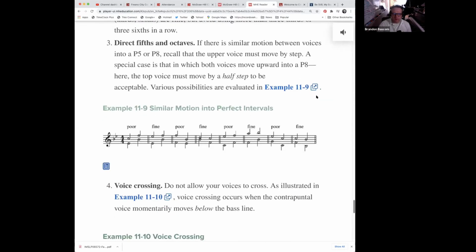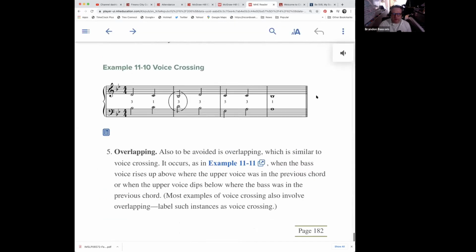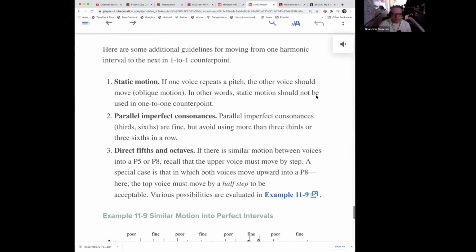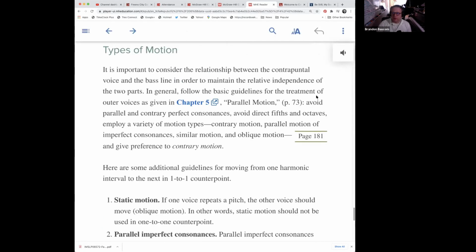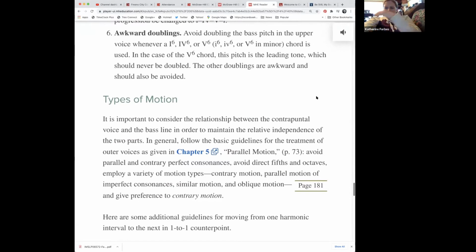I feel like we went over this, but I feel like this is a good review. Are we okay with that? Yeah. Doubling, how could you do it in any sort of... if you double the first inversion chord, you would also be double. You'd also have a unison, right?